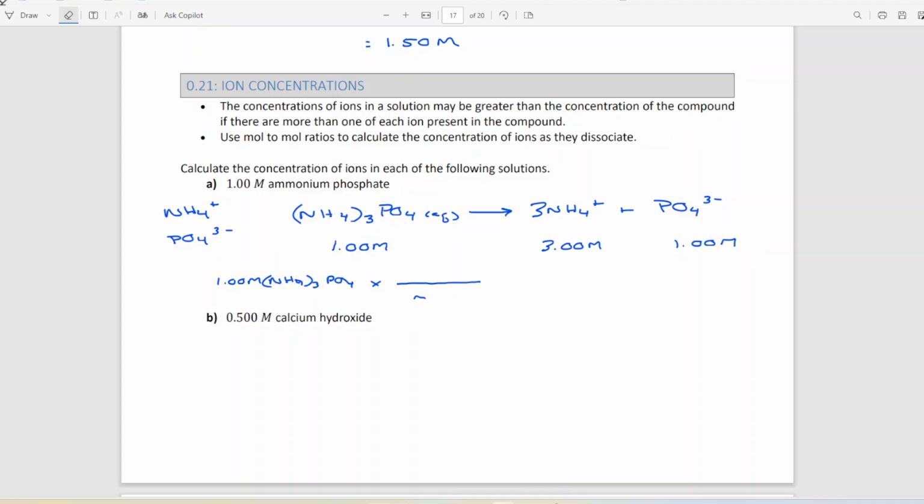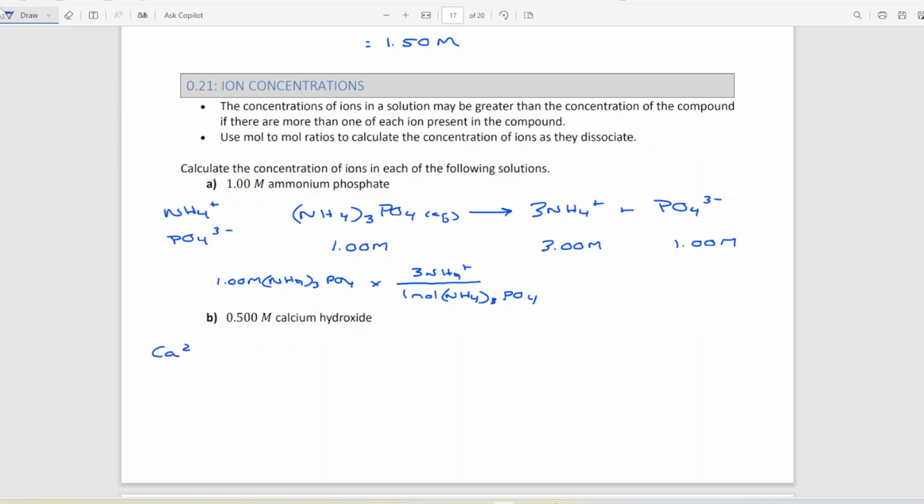It'd be 1 mole of ammonium phosphate, right? Because we're now going to convert from moles or molarity of ammonium phosphate into moles of ammonium. Fine, most people don't need to do this, but you can see that it's a 1:3. So that's why I took the concentration that was 1 and I just multiplied it by 3, whereas the 1:1 ratio stays 1:1. So pause the video, give the next one a go.